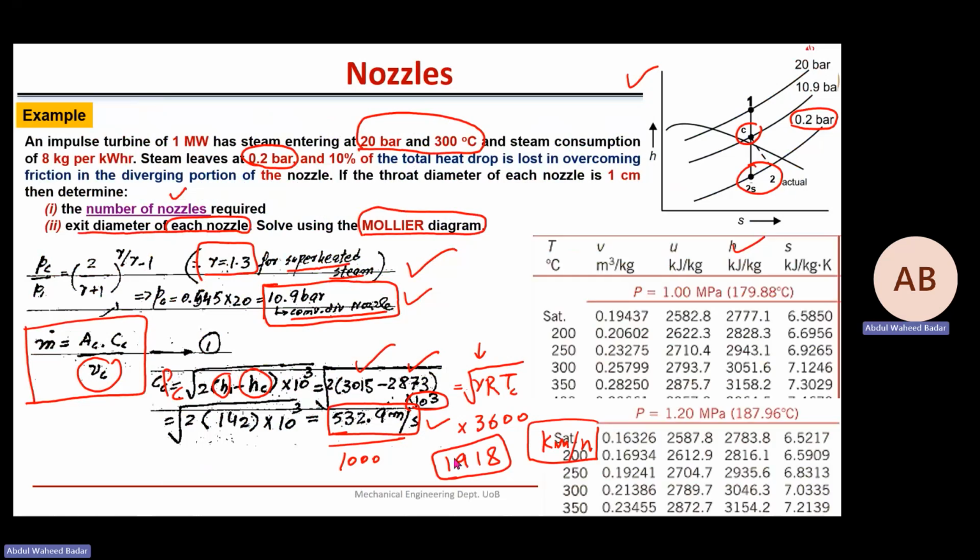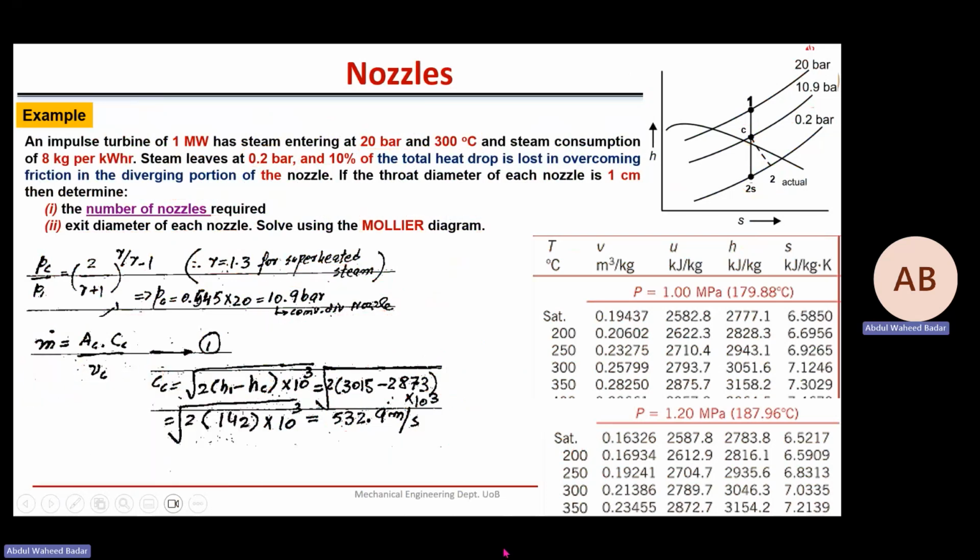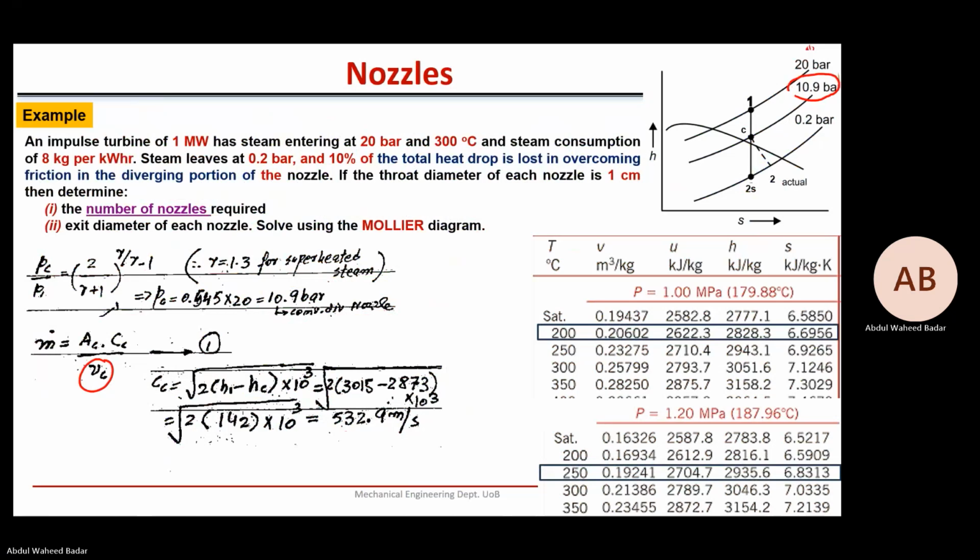Otherwise, here are the tables. See the tables. Because in any case for VC, the specific volume in this equation, we have to use the table. So VC: at 10.9 bars, but in the table we have 10 bar, 1 megapascal, or 12 bar.